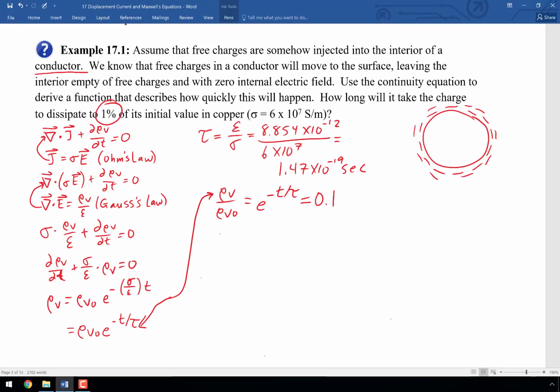So I'll take the natural log of both sides of this equation, and I get negative t over tau equals the natural log of 0.1.